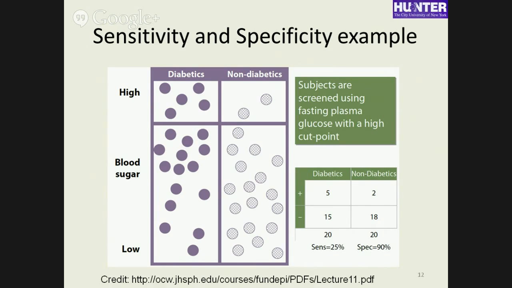Now with the high threshold, we go down to 25% sensitivity. We're only catching 25% of the people who actually have diabetes, but our specificity is up to 90%. So if we say that someone does not have diabetes, there's a 90% chance that they do not have diabetes. So by moving that threshold up and down, you can adjust that sensitivity specificity trade-off.